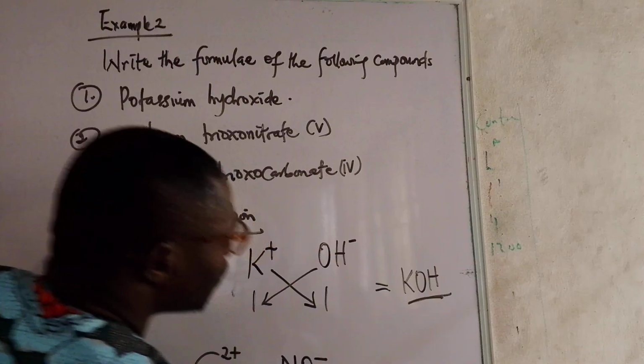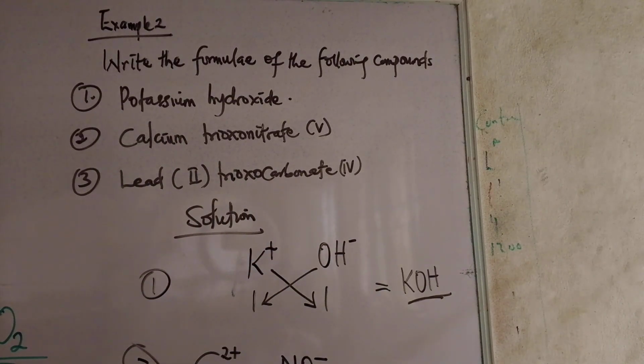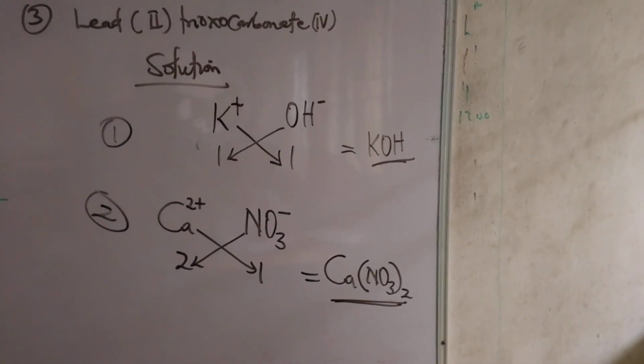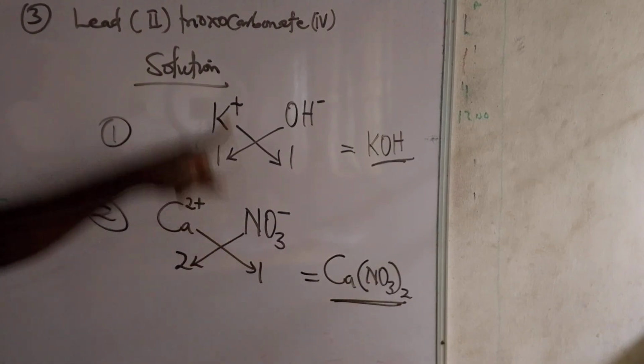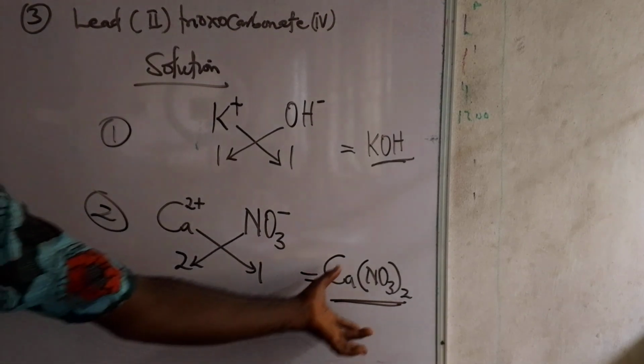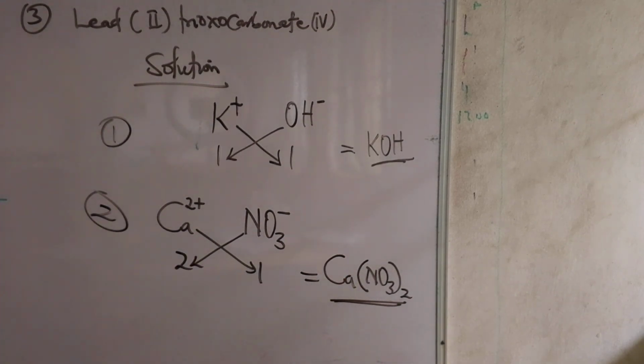So this is calcium trioxonitrate(V), Ca(NO3)2. That's how, from name, you can write formula. From formula you can write the name.